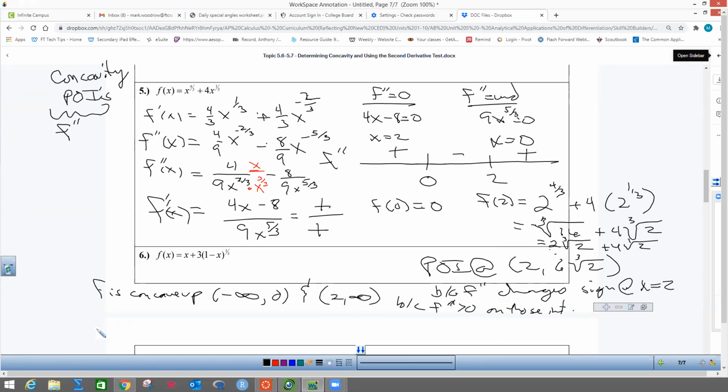And then I should have said f is concave down from 0 to 2 because f double prime is less than 0 on that interval.